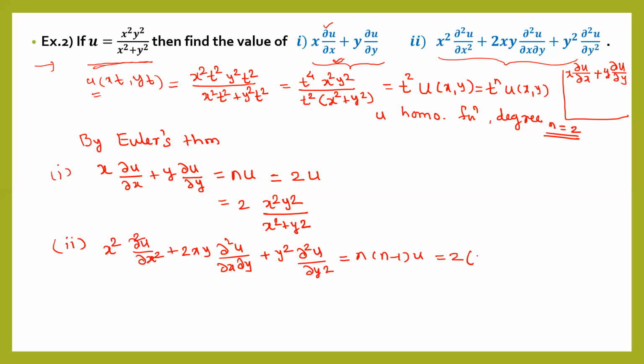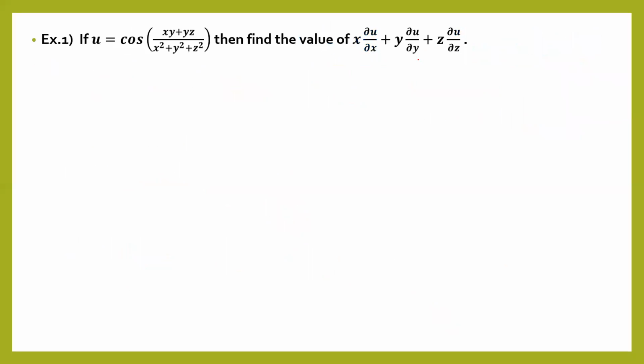N is here 2, so 2 minus 1 u. So here you will get u, and u is the function x square y square upon x square plus y square. So the value of this term is also x square y square upon x square plus y square. So by Euler's theorem, we can find the value of these terms very easily without differentiation and the addition of the terms. Okay.